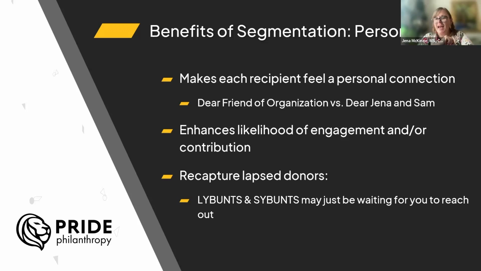LYBUNT traditionally means last year, but unfortunately not this year. SYBUNT is some year, but unfortunately not this year. These are just kind of broad categories that we might use to break down our database of former donors. When you're looking at last year's donors, you've got to recoup that ask, make that ask again, and get them to renew as soon as possible.